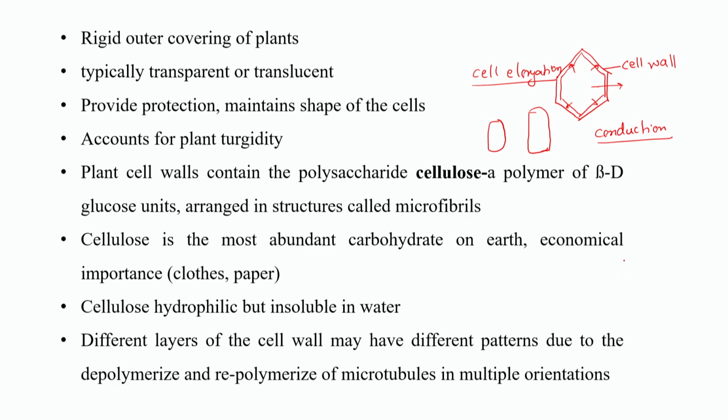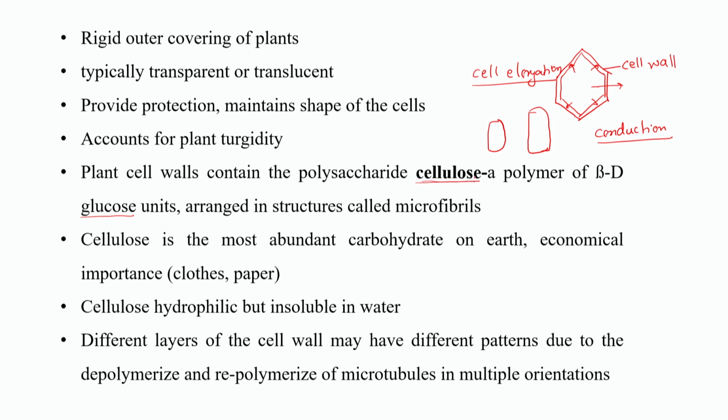Now, the plant cell wall is basically made up of a polysaccharide known as cellulose. Cellulose is a polymer of beta D-glucose. So, a lot of these monosaccharide D-glucose sugar units are joined together to form a very long polymer, which is a polysaccharide.